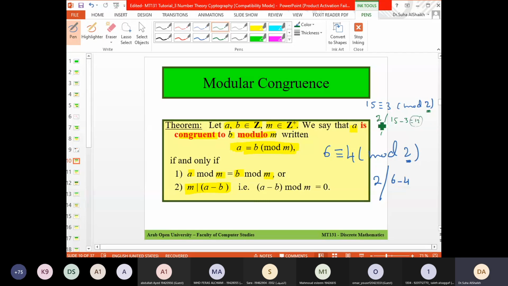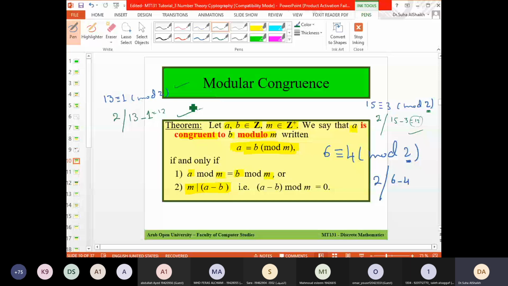So they are congruent to each other. Let's try this. 13 is congruent to 1 mod 2. Is it correct? Yes, because 2 is dividing 13 minus 1. What's 13 minus 1? It's 12. 2 divides 12, correct. So this one is correct.